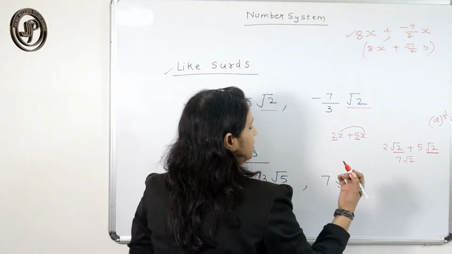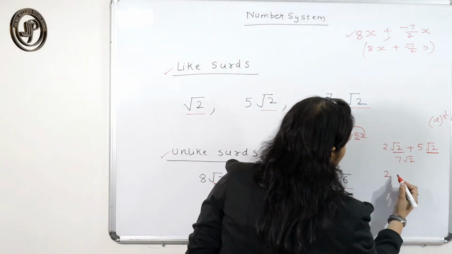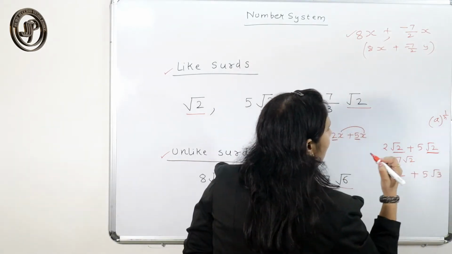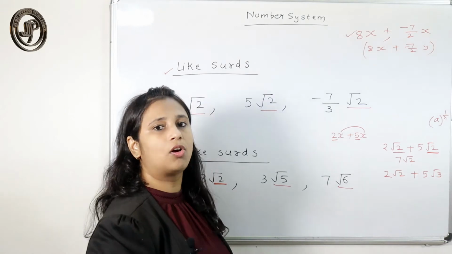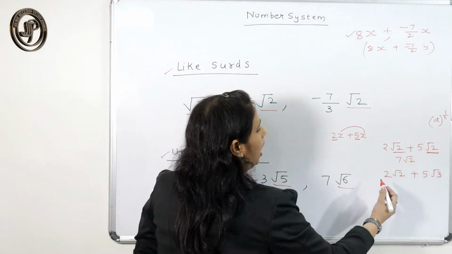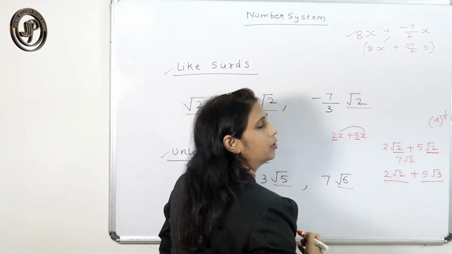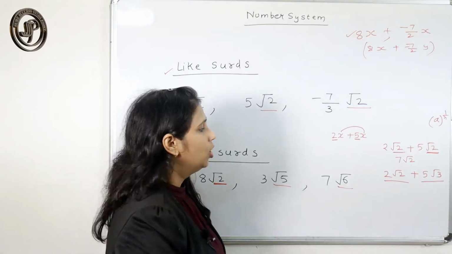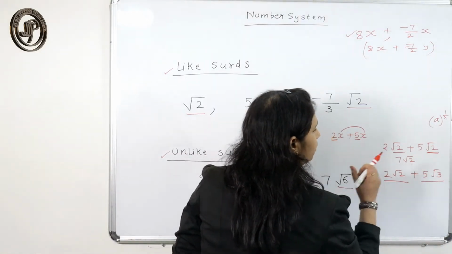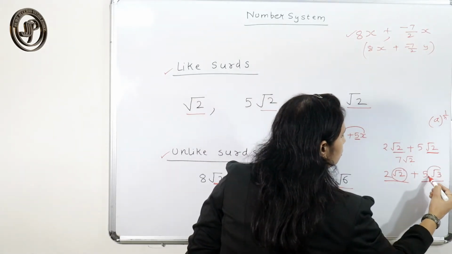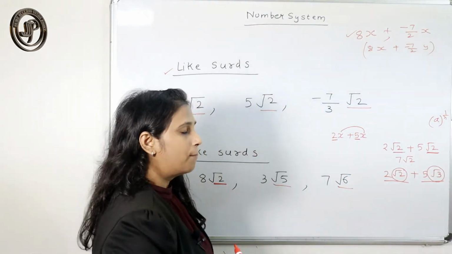Same way, if I tell you 2 root 2 plus 5 root 3, add them, what is your answer? You will say these are unlike surds, so you can't add them, because this is root 2 and this is root 3.